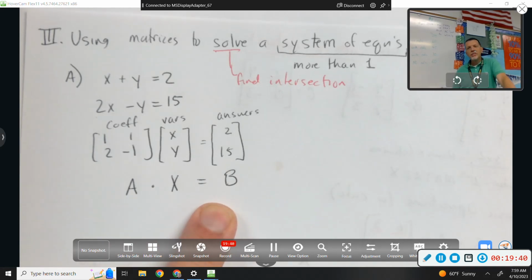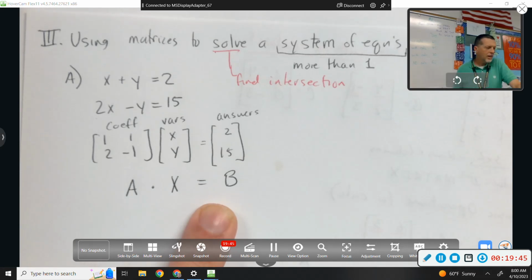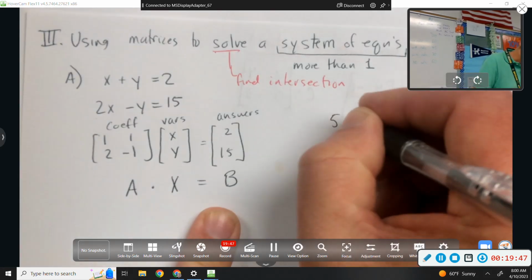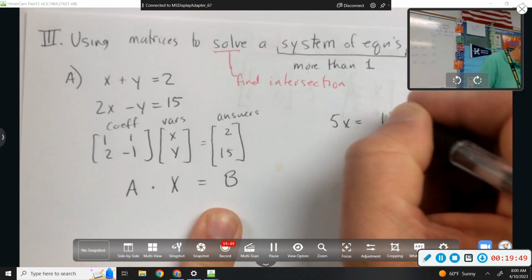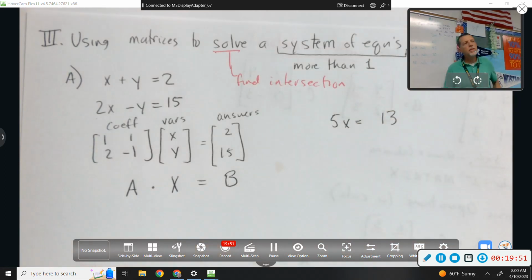The trouble is you can't divide with matrices. Matrices just don't divide. So let me throw this at you. If you had 5x equals 13, normally most of you would probably divide by 5, as would I. But if I told you you couldn't divide, what could you do to get x by itself? Multiply by a fifth.